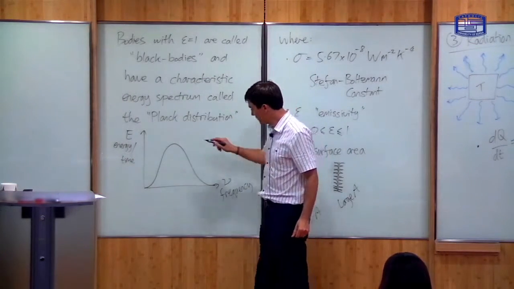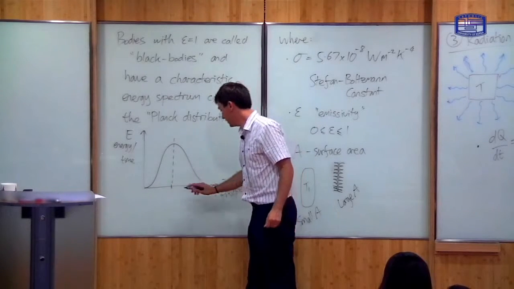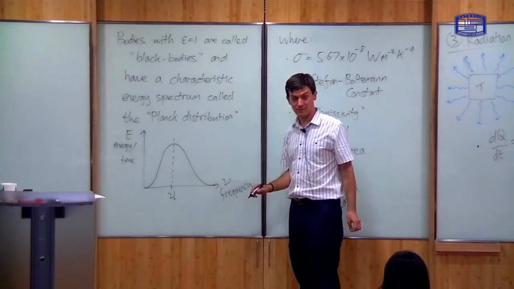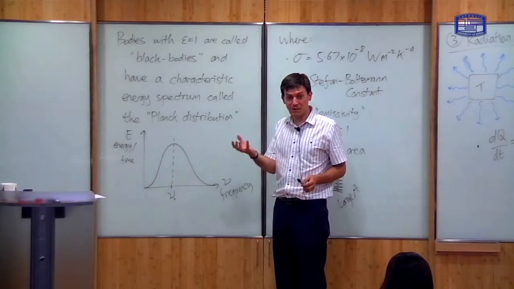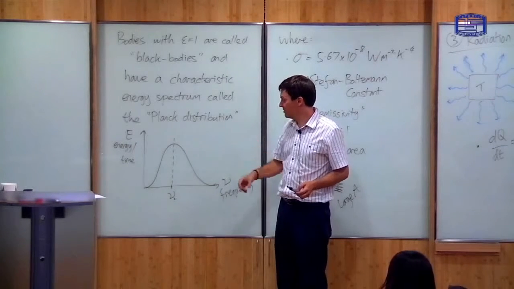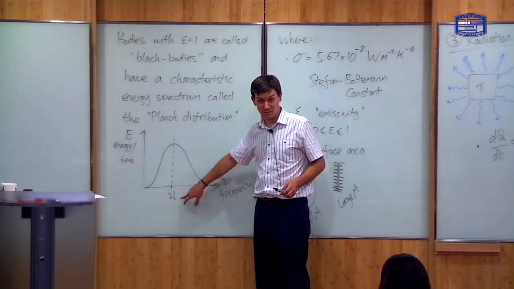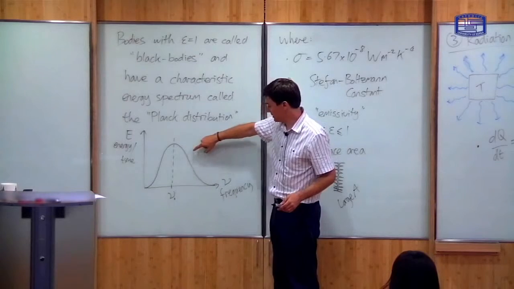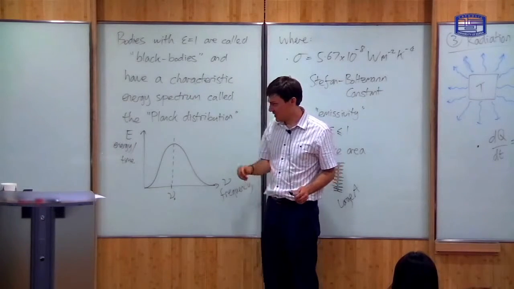And it's the peak of this distribution here which determines the color of the body. For example, the coal in the barbecue looks red because the peak frequency here corresponds to red light. If you go to a hotter temperature like the sun, then the peak frequency is higher, and therefore it corresponds to something like yellowish light.